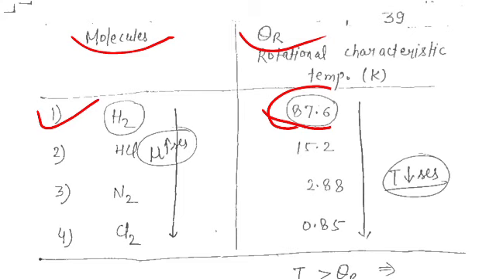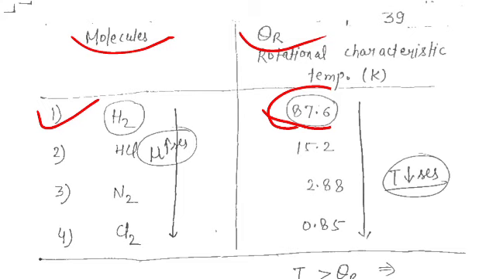This is the highest rotational characteristic temperature possible, and it is for H2. All the other molecules have a rotational characteristic temperature less than 87.6 Kelvin.